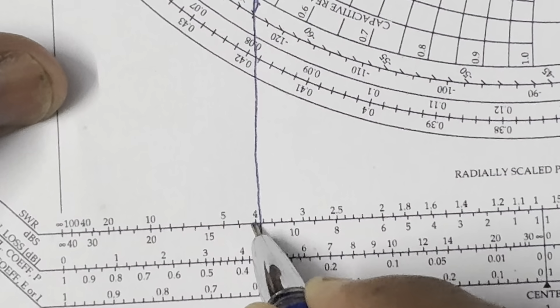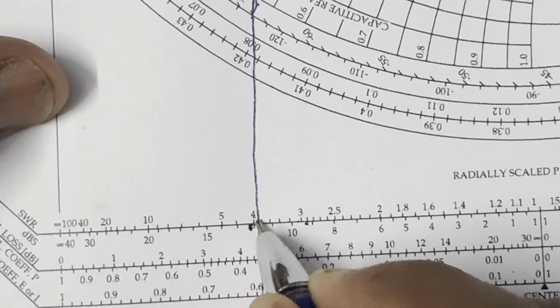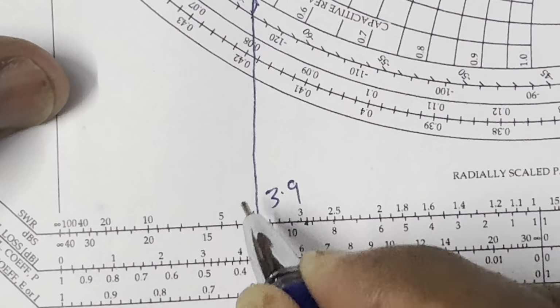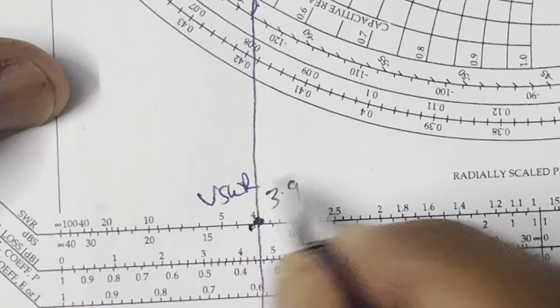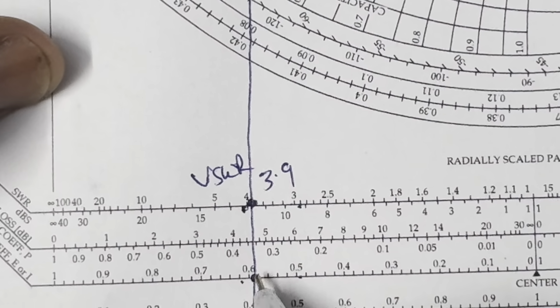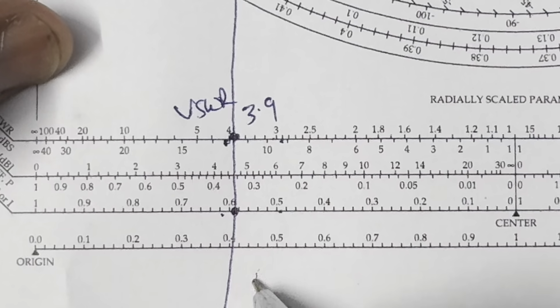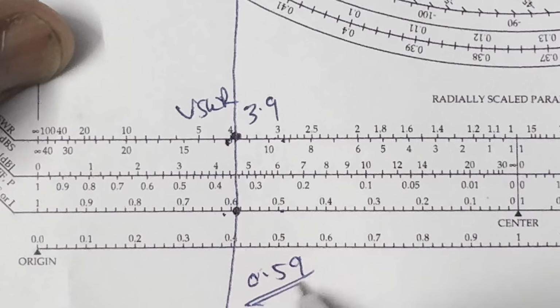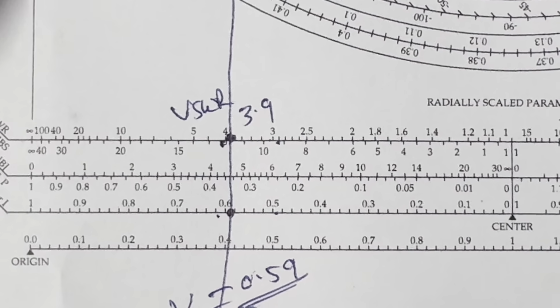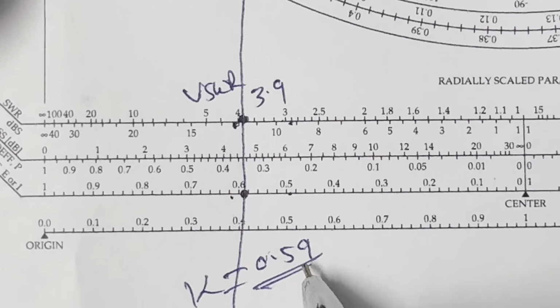SWR is between 3 to 4 and near to 4, so it is 3.9 VSWR. And reflection coefficient is this point, 0.5 to 0.6 but near to 0.6, so it is 0.59. K value is 0.59.